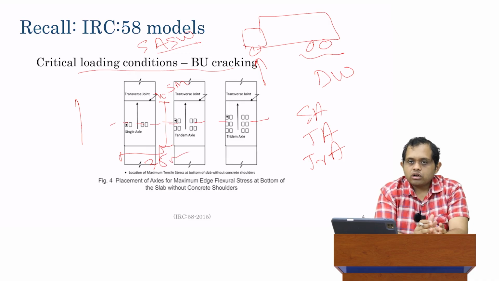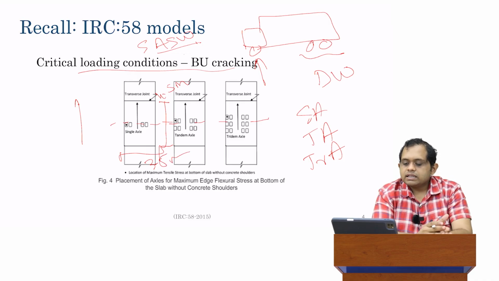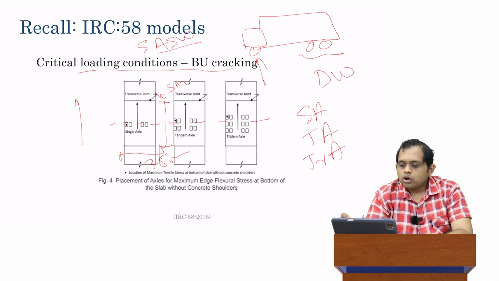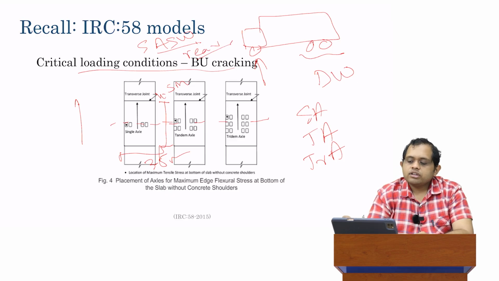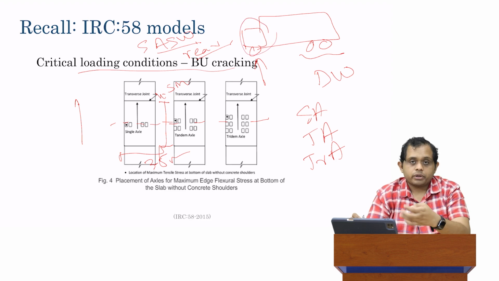This is not always the case in practice, but in the code, based on the prediction models provided, this is the only assumption that we are allowed to make, because they haven't provided more prediction models for wider or narrower slabs. So the idea is that for bottom-up cracking, we only consider the rear axle. We do not consider the front axle at all.